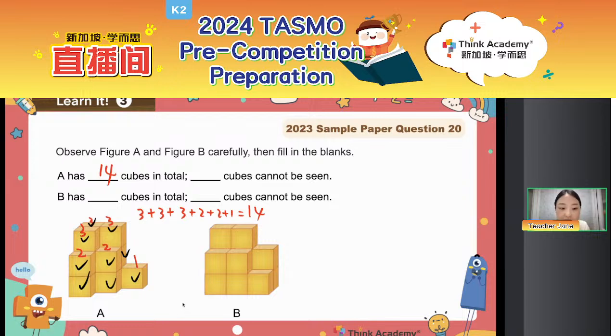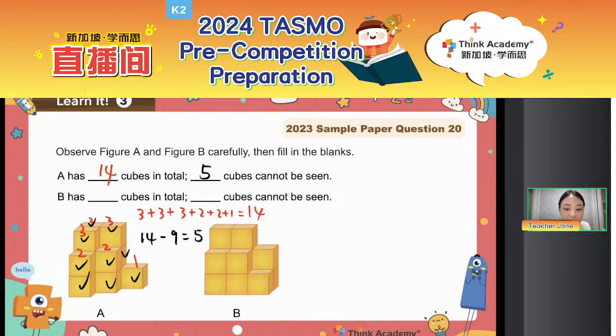Then how many cannot see? Okay, then we just directly do 14 minus the 9 we can see. Then we get the final answer here will be 5. Perfect, Candice. Correct again. Okay, good job, Changfan. Okay, good job, everyone. Then let's move on.